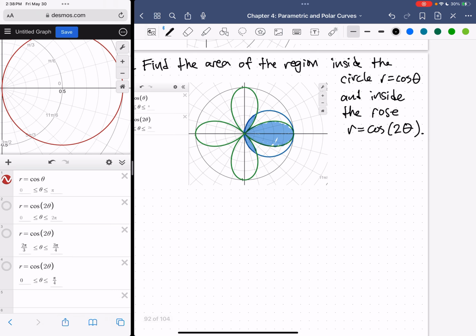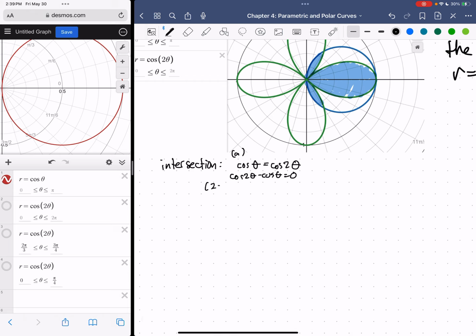Okay, so intersection here. If we start off with just saying cos theta is equal to cos 2 theta, then if we rearrange things, we can say this is the same as cos 2 theta minus cos theta is equal to 0.